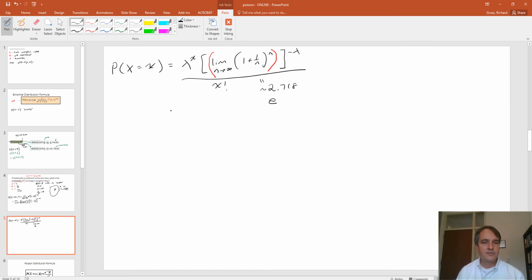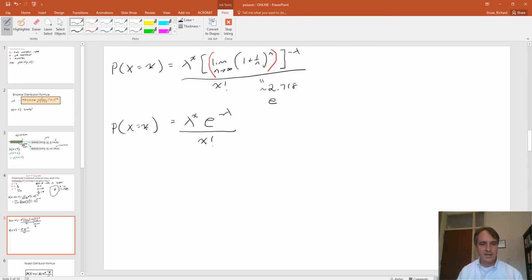Okay, so then the final equation is our lambda, which remember was our rate, to the x, and then this is e to the minus lambda, all over x factorial. Okay, so this is our probability mass function.